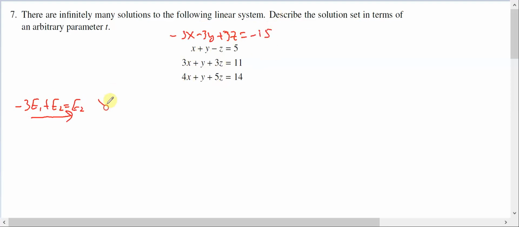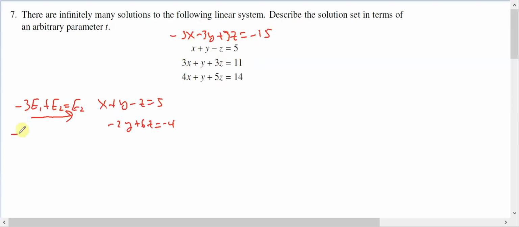And so I'm going to leave equation 1 alone. And when I add this, the 3x and the minus 3x will cancel out. That's the whole point of doing that. Minus 3y and a positive y is minus 2y. And then a plus 3z and a plus 3z is 6z. Negative 15 plus 11 is negative 4.